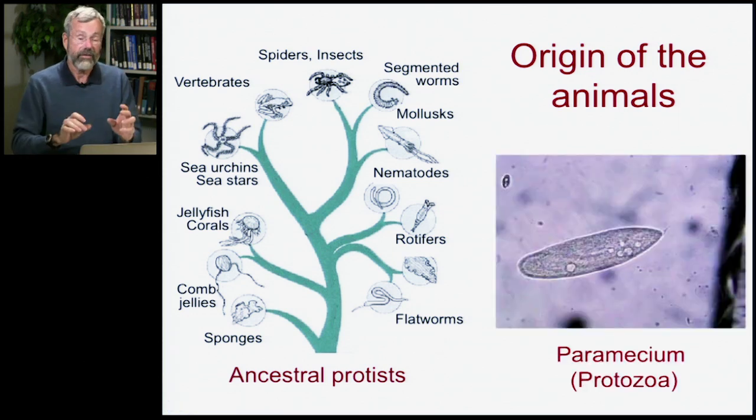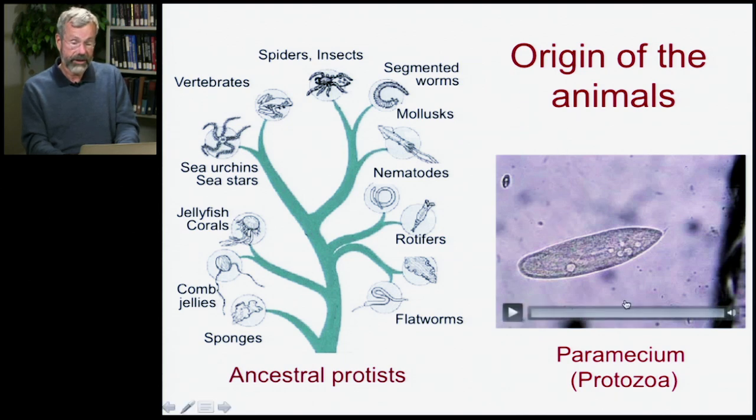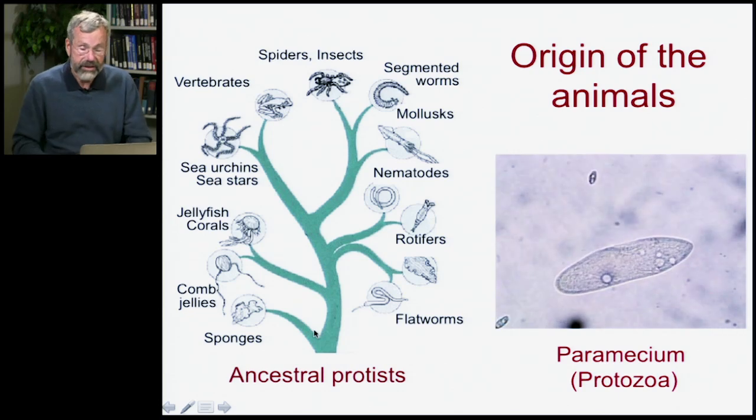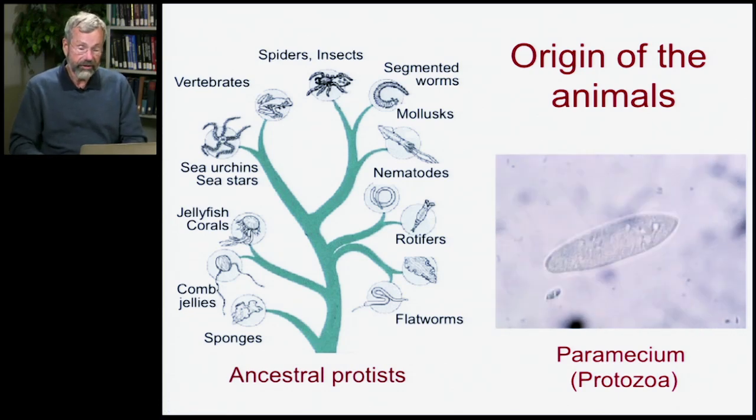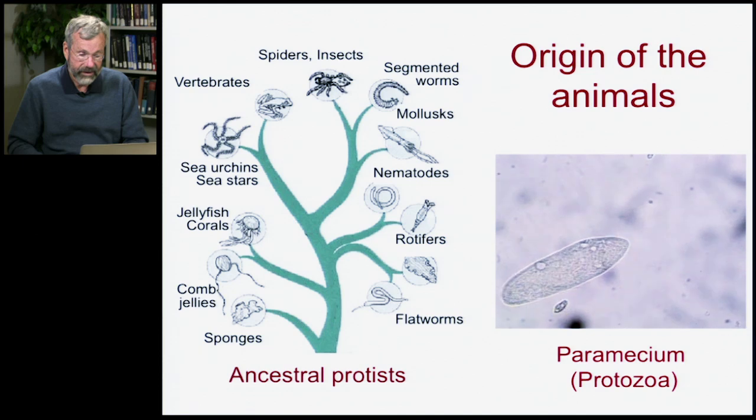And what we have in our earliest forms of protists that gave rise to the animals, here's an example, the paramecium. It's a protozoa, a single-celled eukaryote, has its mitochondria in there, has its chromosomes, and it needs to eat. So here's something that's going around looking for food. It seems to have found a bit here.